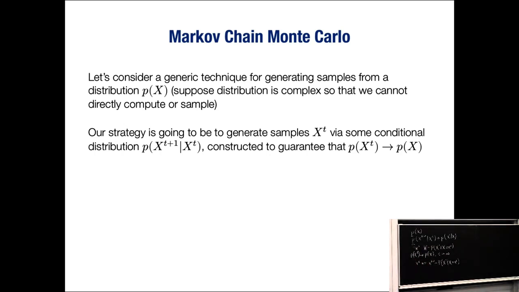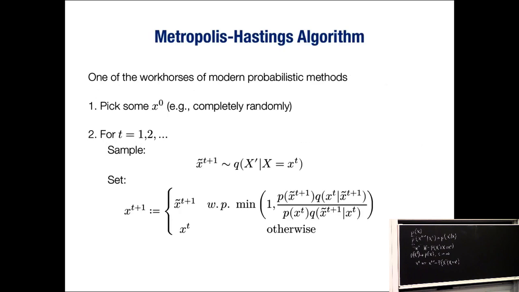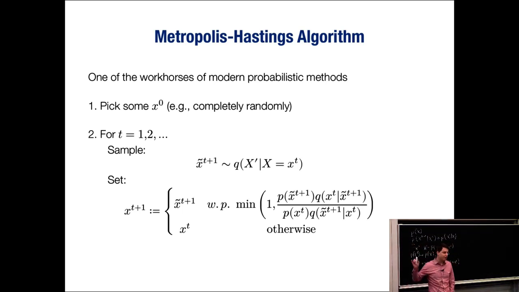Okay, so here's how we do this. This, again, is the Metropolis-Hastings algorithm, and it really is one of the workhorses of modern statistical inference. Even though there are modifications to it now that work quite a bit better in practice, they really are special cases of this.